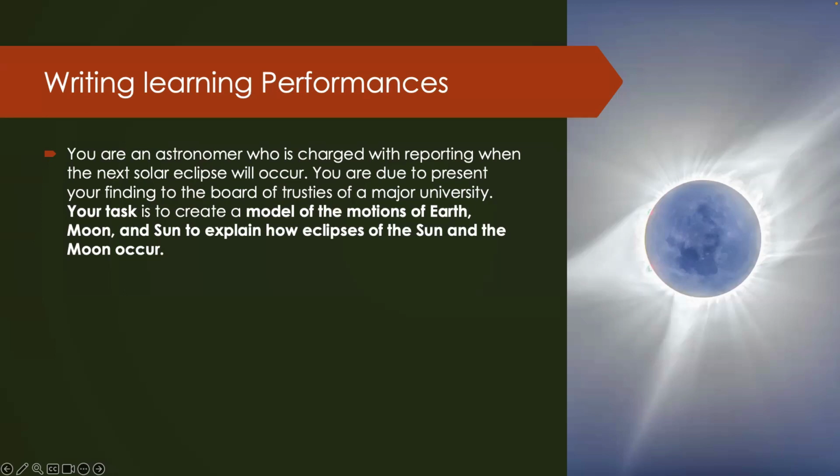So our learning performance for the babies is: you are an astronomer who is charged with reporting when the next solar eclipse will occur. You are due to present your findings to the board of trustees at a major university. Your task is to create a model of the motions of Earth, Moon, and the Sun to explain how eclipses of the Sun and the Moon occur. Does that make sense?